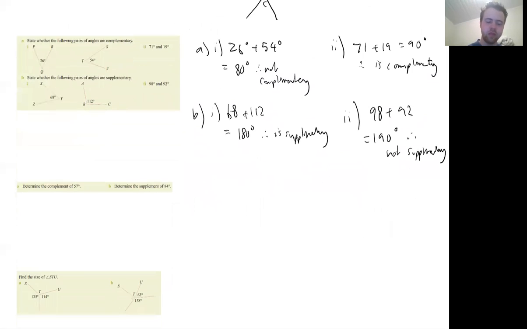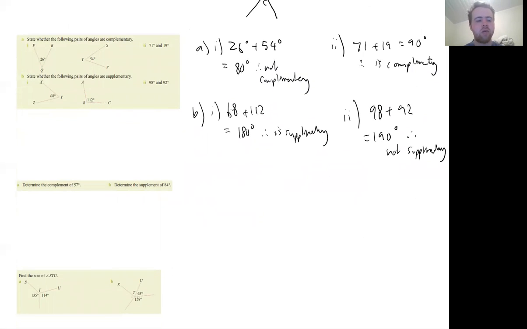Now, sometimes this is worded in a way where it says determine or find the complement of. All it means is find the other angle that will add with this angle to make 90. In the same way, determine the supplement means find the other angle that will add with this angle to make 180.